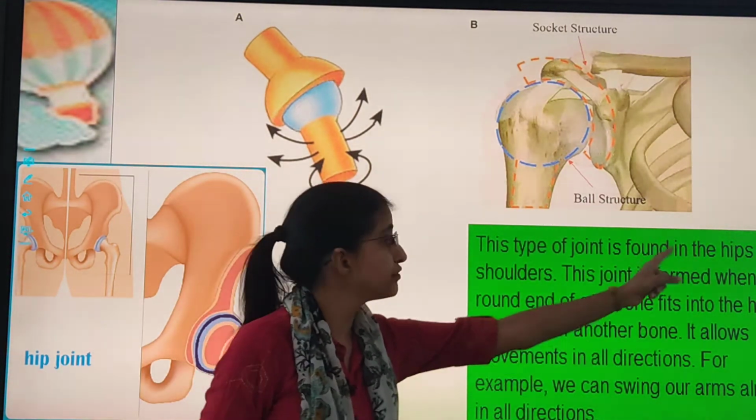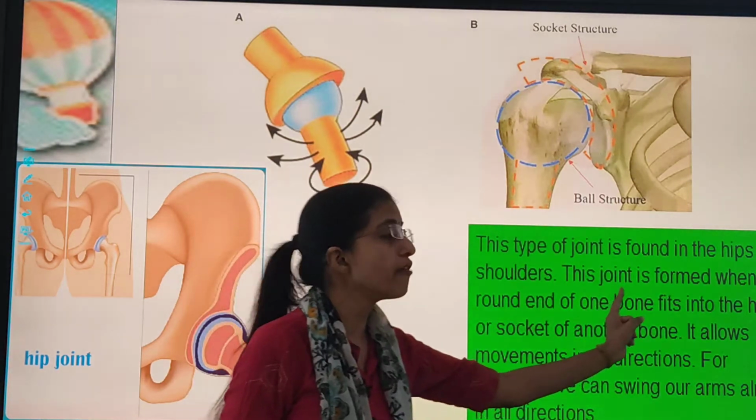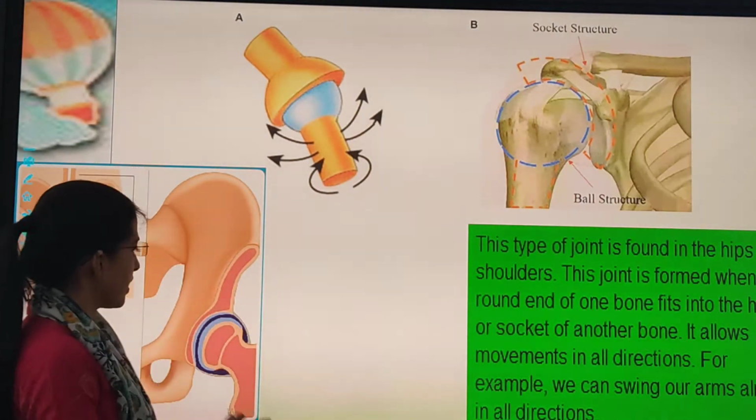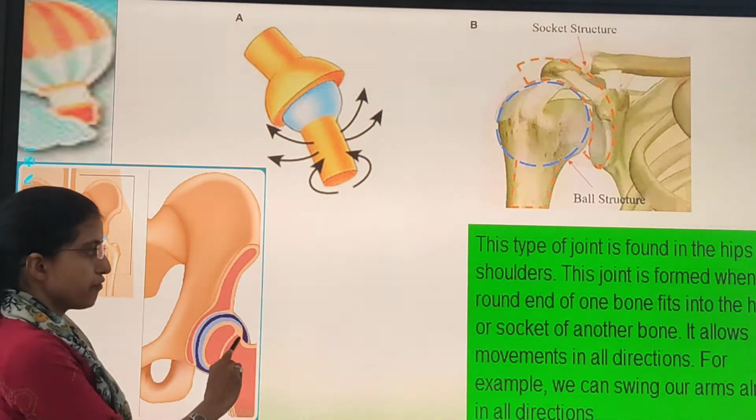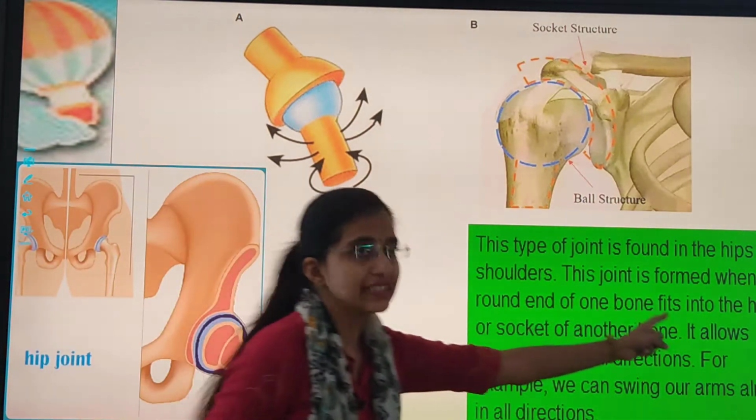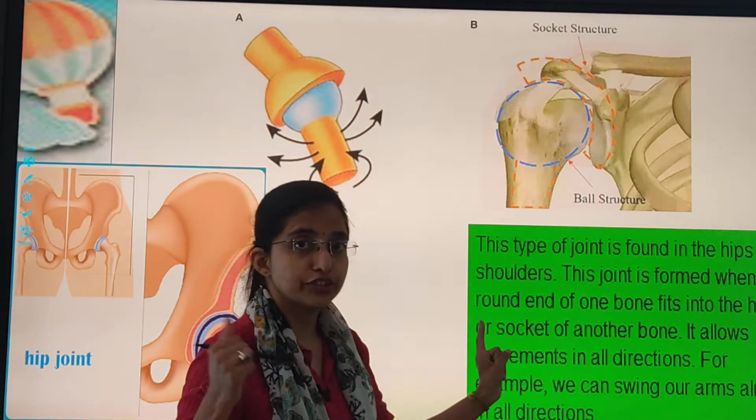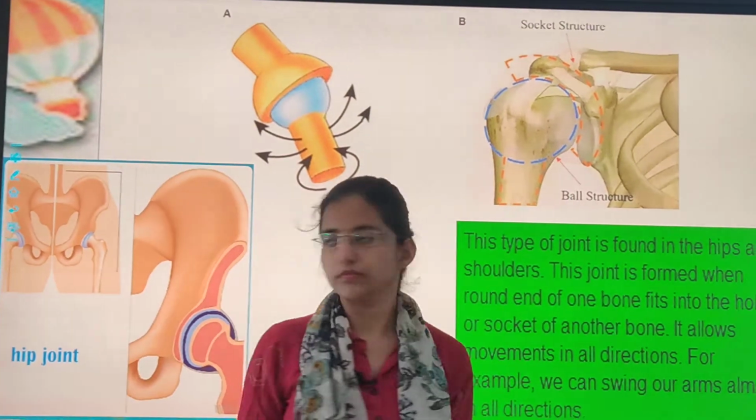This joint is formed when the round end of one bone fits into the hole or socket of another bone.